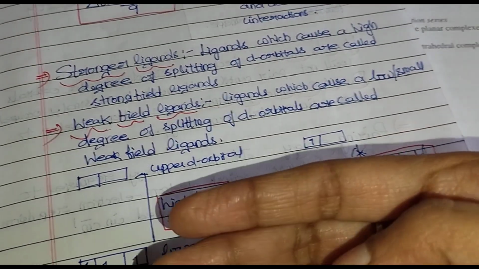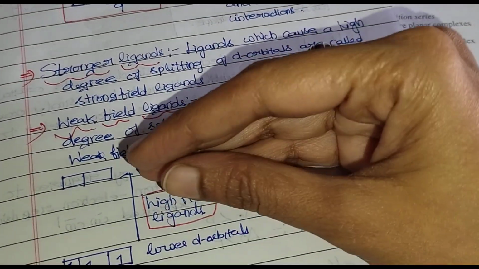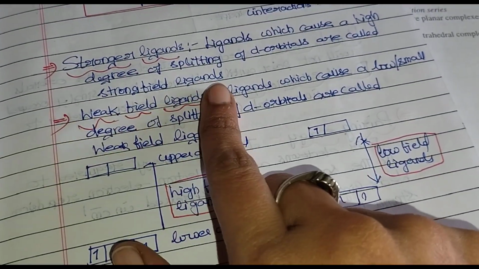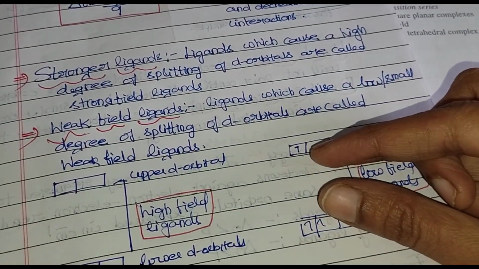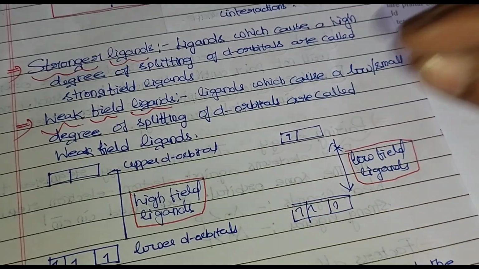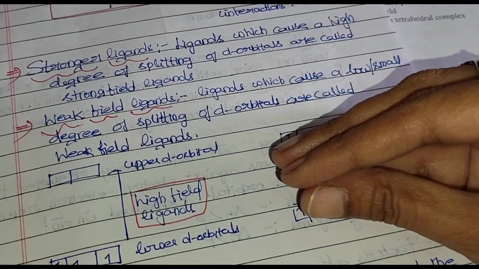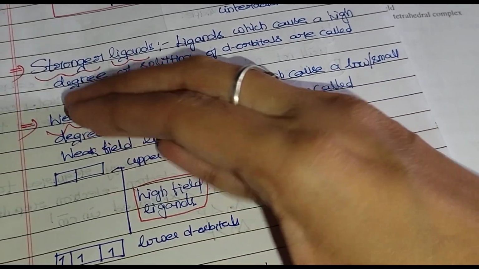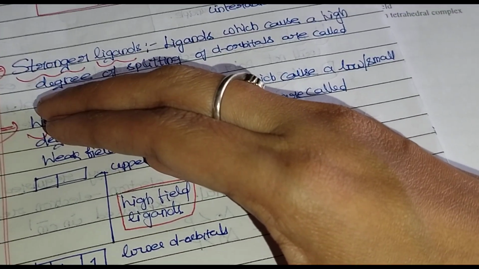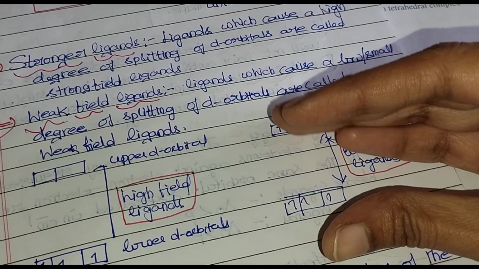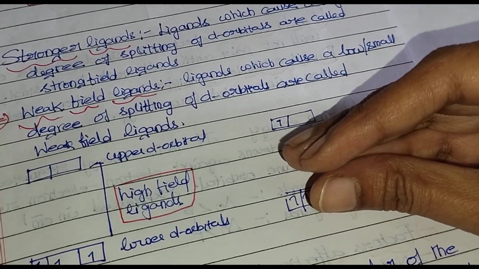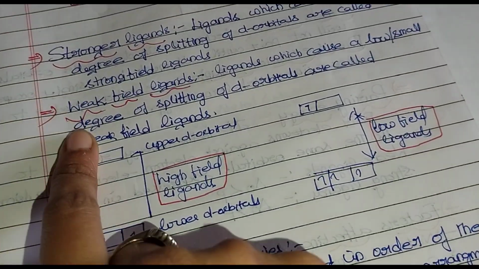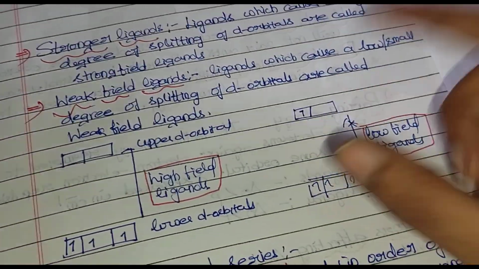When it causes only a very small degree of splitting, very little splitting, it is called a weaker field ligand. Very easy: ligands which cause a high degree of splitting are stronger field ligands, and those which cause very small splitting are weaker field ligands.